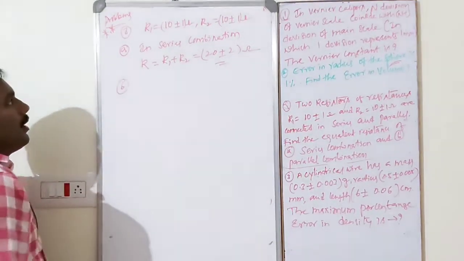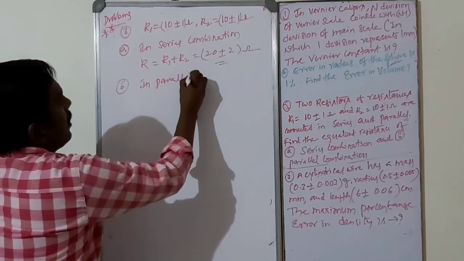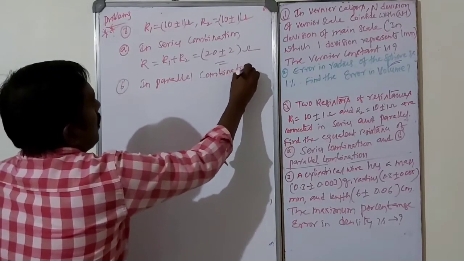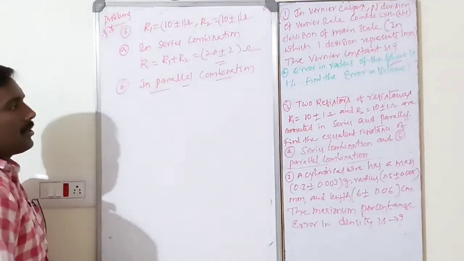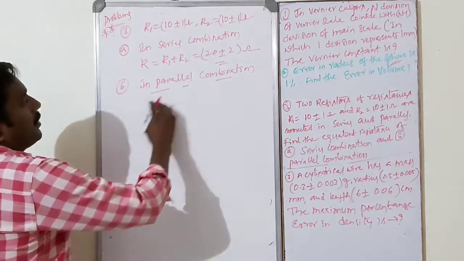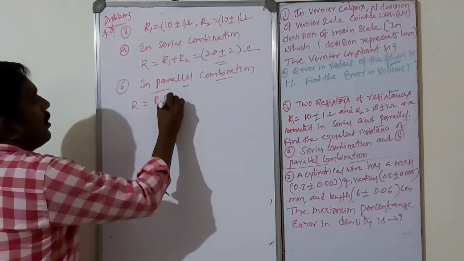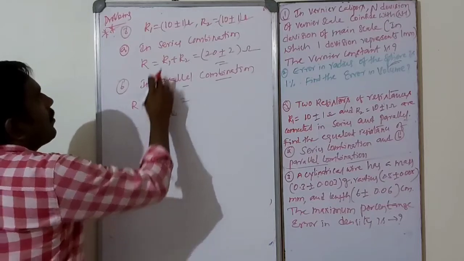Next one, in parallel combination. What is the formula for parallel combination of two resistors? R is equal to R1 R2 by R1 plus R2. What is the value of R1? 10 only.